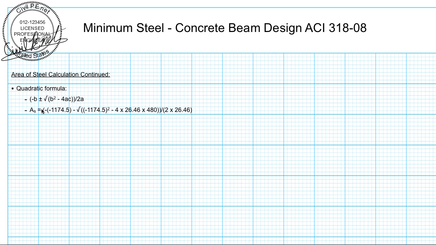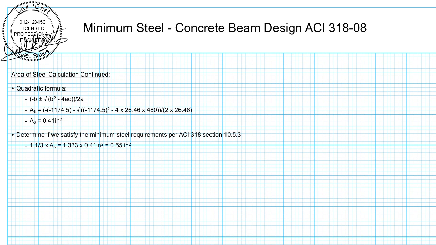Our area of steel is equal to negative negative 1,174.5 minus the square root of negative 1,174.5 squared minus 4 times 26.46 times 480, divided by 2 times 26.46. That's all from that previous equation that I showed you. Calculating this out, we get an area of steel required for this section of 0.41 inches squared.